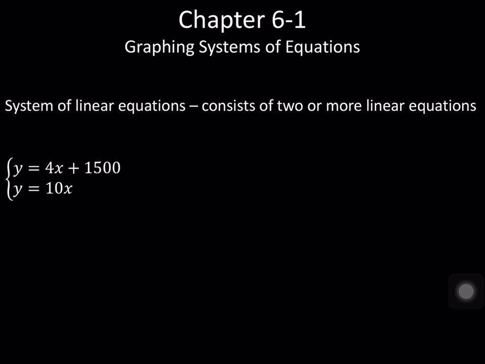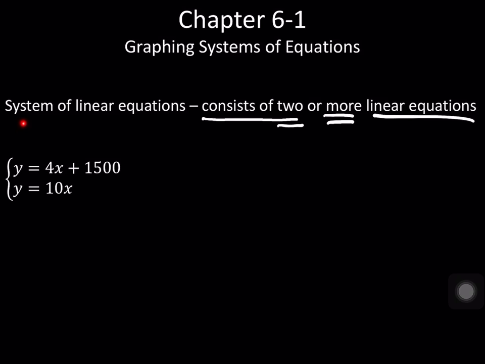So what is a system of linear equations? A system of linear equations consists of two or more linear equations. In other words, we have a linear equation. We have a line, right? We remember what a linear equation is.